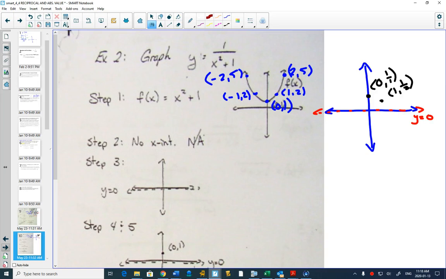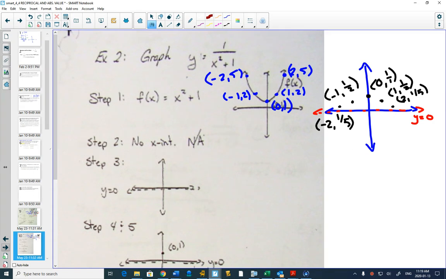What's going to happen to (2, 5)? It's going to become (2, 1 over 5). Negative 1, comma 2: (-1, 1 over 2). And (-2, 1 over 5). So we did 5 nice points.